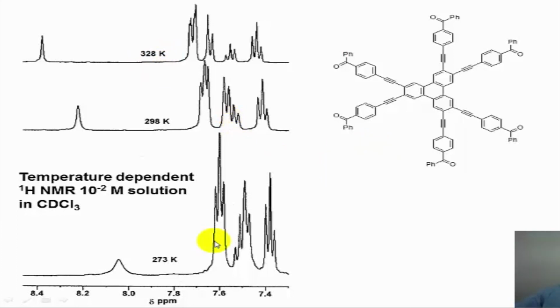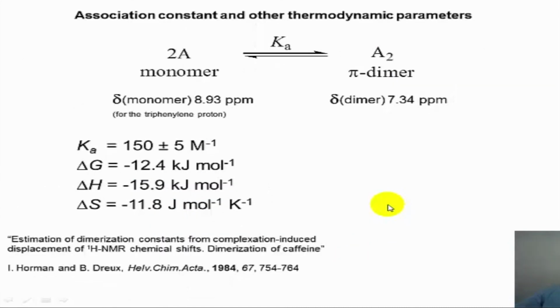So at high temperatures, one should see the monomeric species. The monomeric species again has a high delta value around 8.5 or so, whereas the low temperature gives the dimeric or the aggregate kind of system. The triphenylene signal is what is seen here, and in all the cases the concentration is maintained the same.